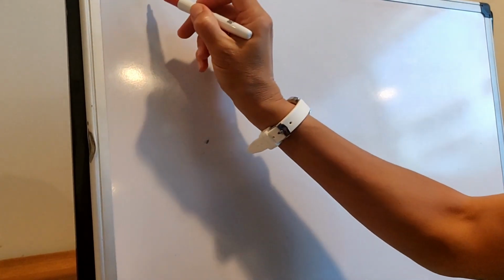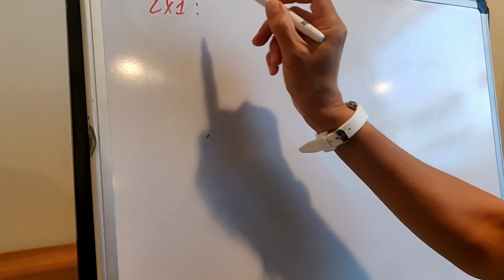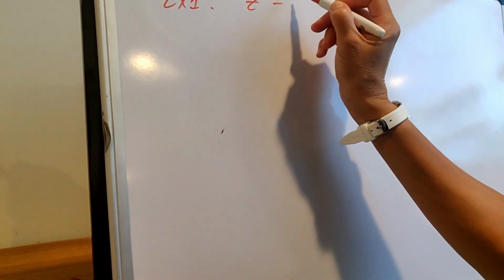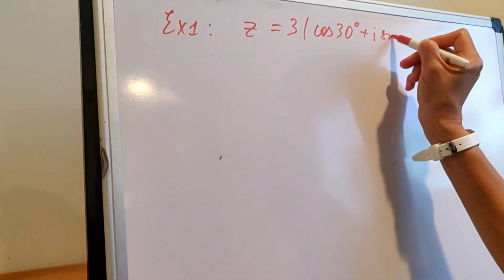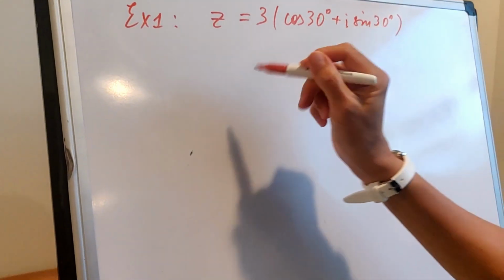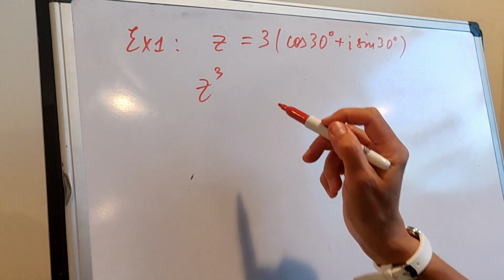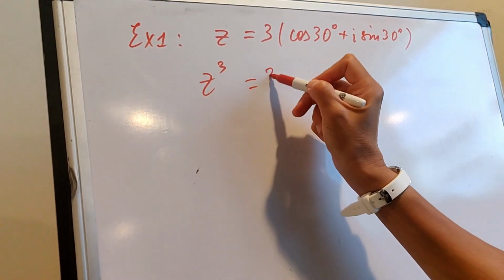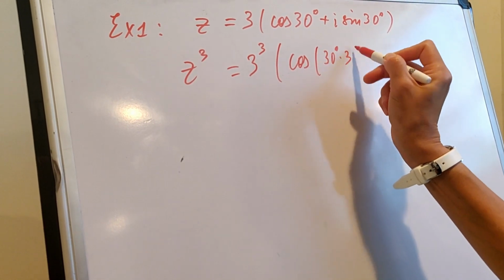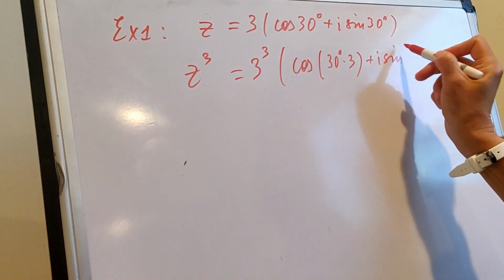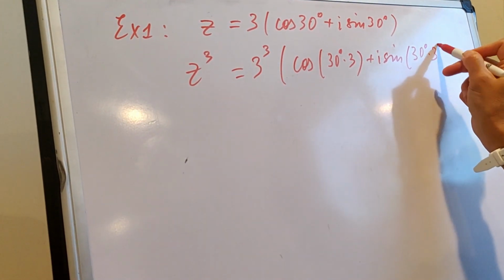So, example number 1 on de Moivre's theorem. Imagine that you have z equal to 3 cosine of 30 degrees plus i sine of 30 degrees, and you want to find z cubed. What is z cubed? Well, 3 cubed, cosine of 30 degrees times 3 plus i sine of 30 degrees times 3.